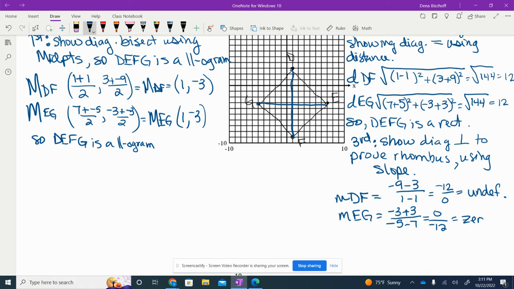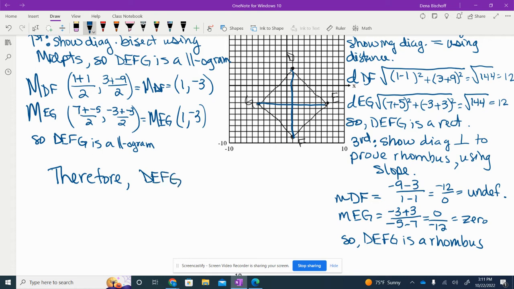So I have an undefined slope and a 0 slope, which means that I have a vertical and horizontal line. So DEFG is a rhombus. Therefore, quadrilateral DEFG is a square.